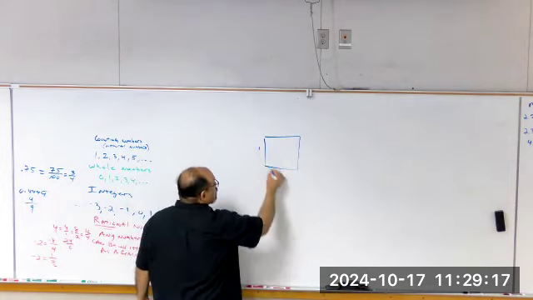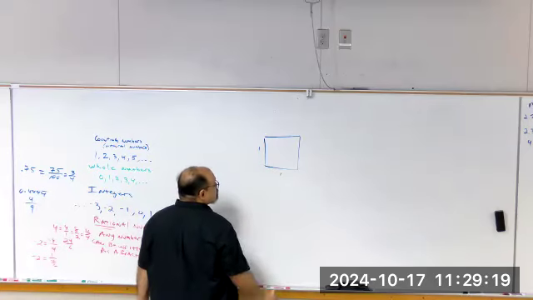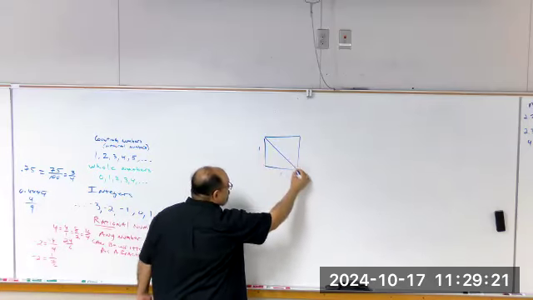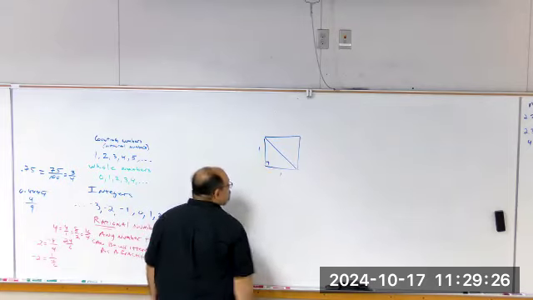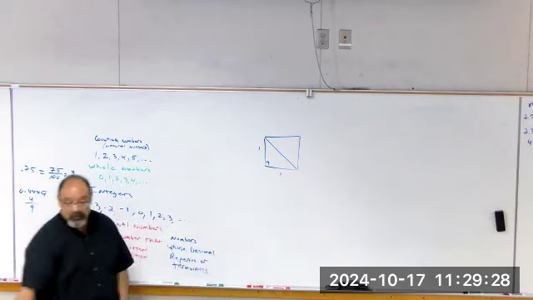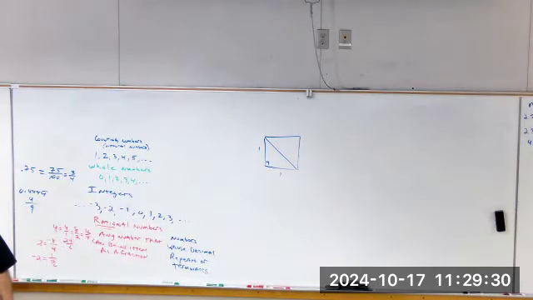If you have a square that is 1 on each side, what is the length of the diagonal? Well, the problem is there's no answer for it. The answer for the diagonal does not exist in the set of numbers that we know of. So if it doesn't exist in this set of numbers, it must exist somewhere else.